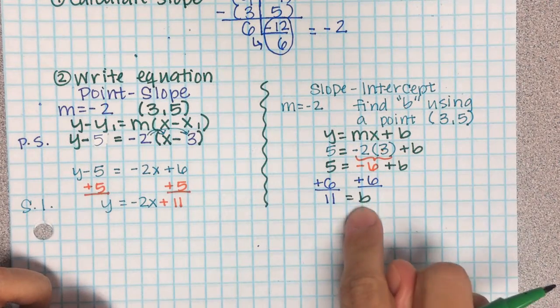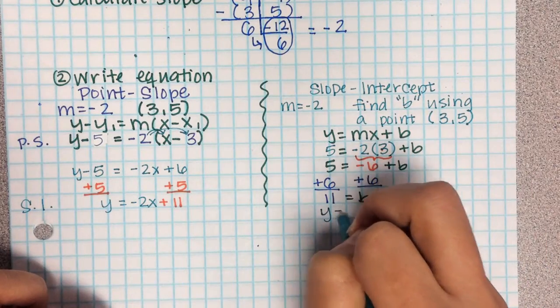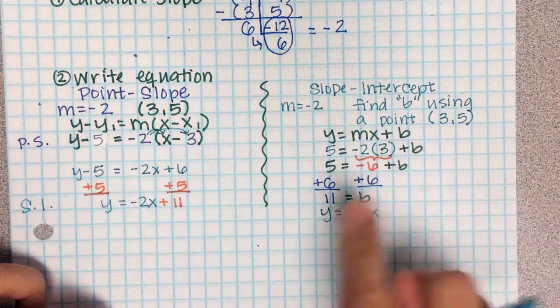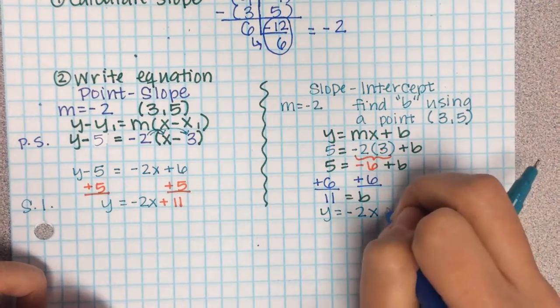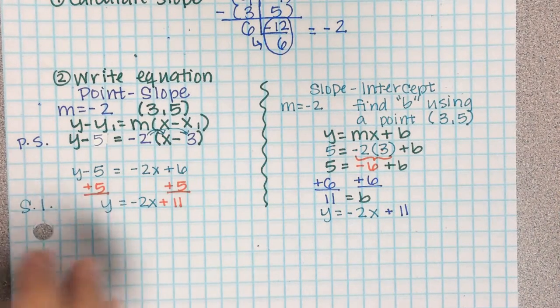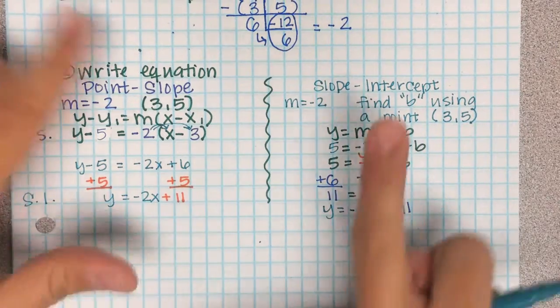So now that I know b is 11, I can write my equation. y equals, come back up to my slope, negative 2x, and it's positive 11. Same answer, two different methods.